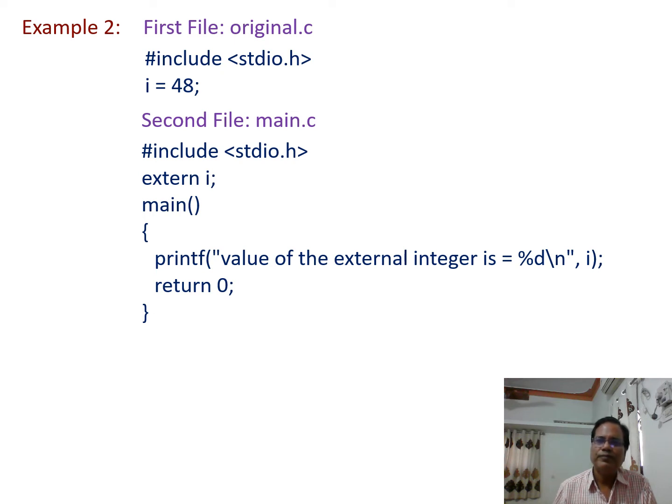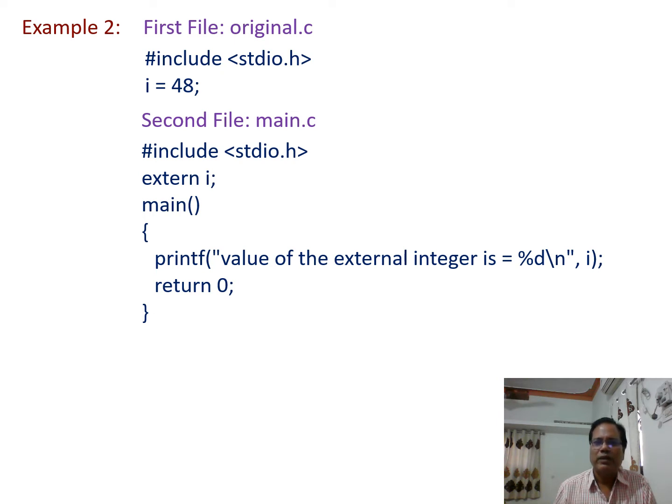In this file we have two statements. #include <stdio.h>, the standard input output header file, is included, and then we declare a variable i and its value is initialized as 48. This variable is declared outside of any function inside the file, so this becomes the external or global variable.